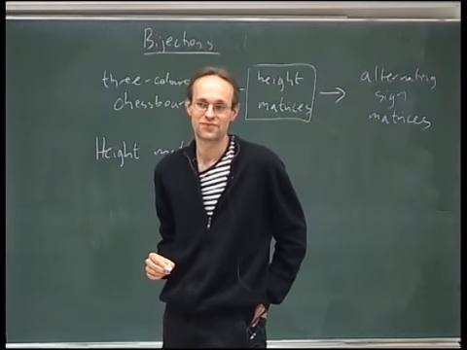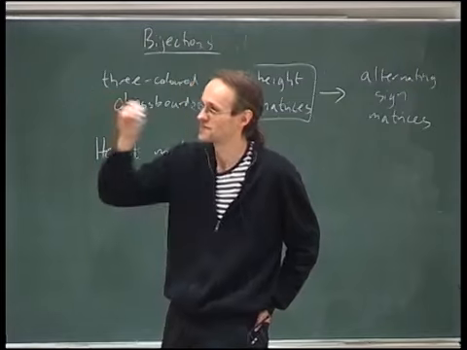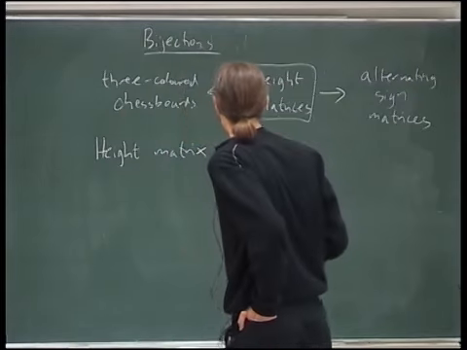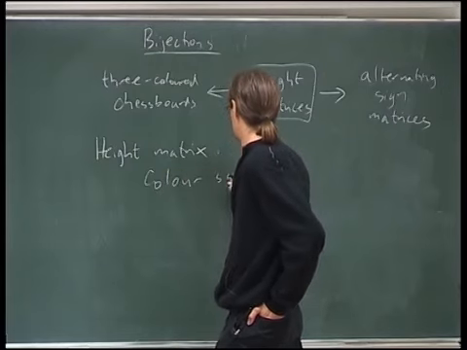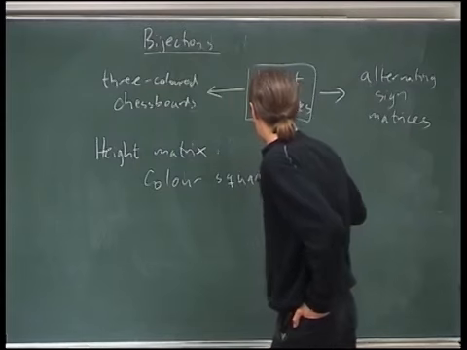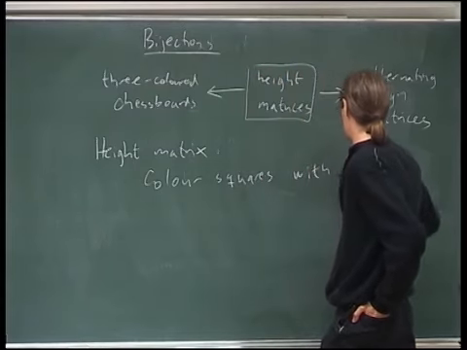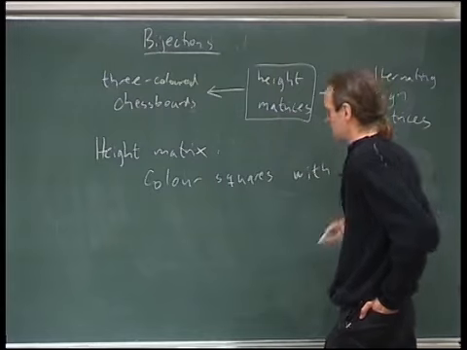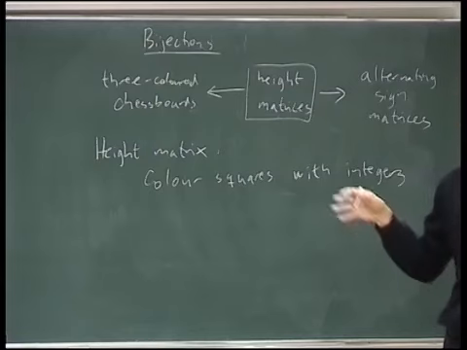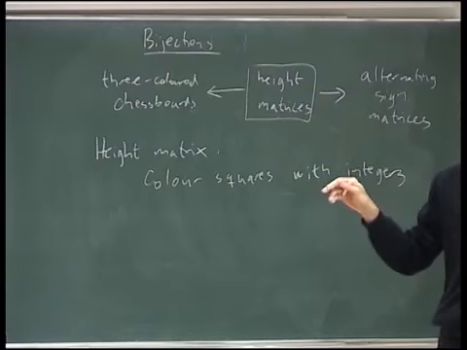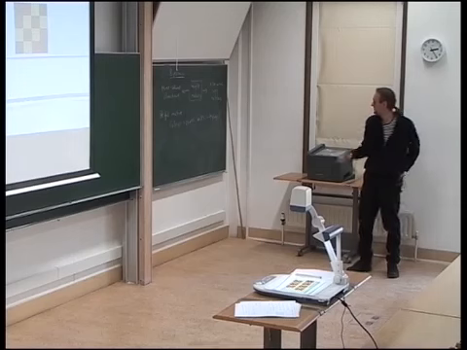So height matrix, that really means something very similar, but instead of just having 3 colors, you color the squares with some integers. So you just attach some integer label to each square.